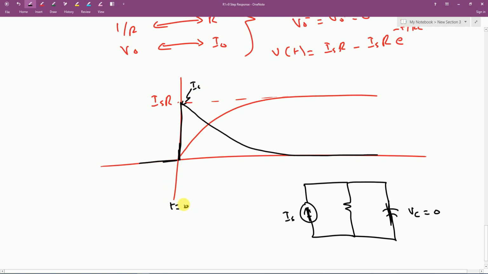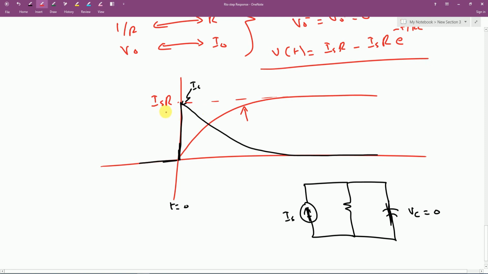And this is permissible because there is no bar on the capacitor that does not allow a change in the current. Capacitors do allow any change in the current at any instant. It could be instantaneous, like we have seen here. However, it does not allow an instantaneous change in the voltage, and therefore this voltage waveform is governed by the expression which we have explained here, right?